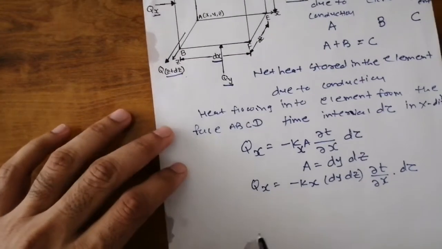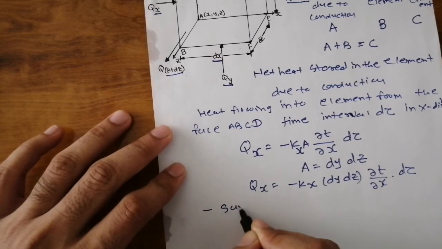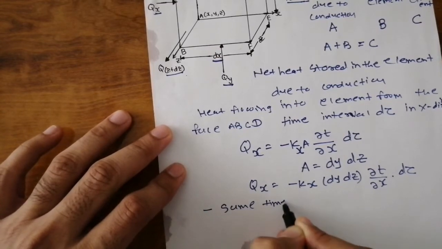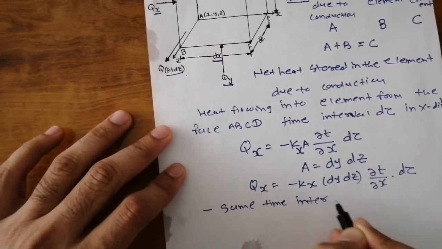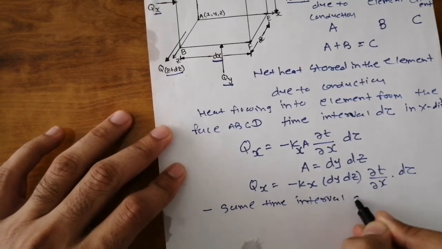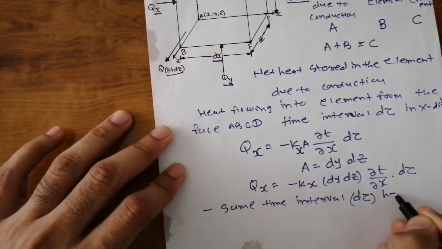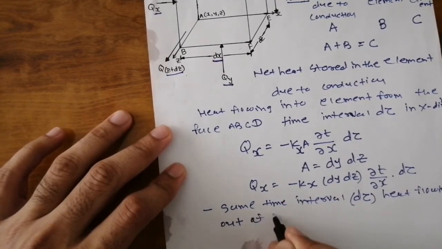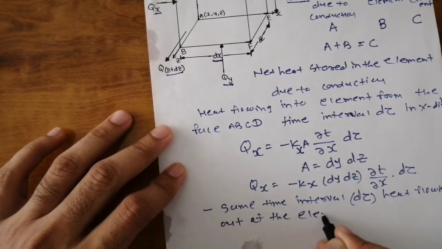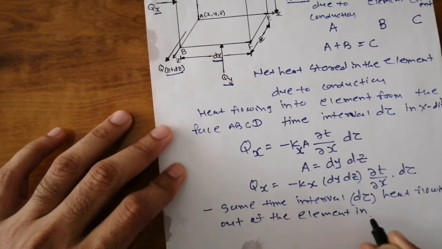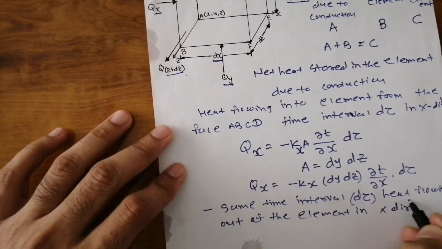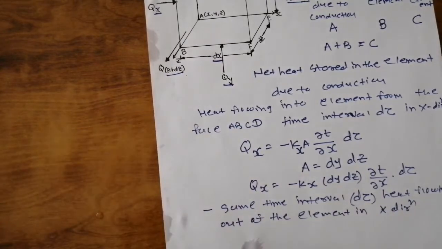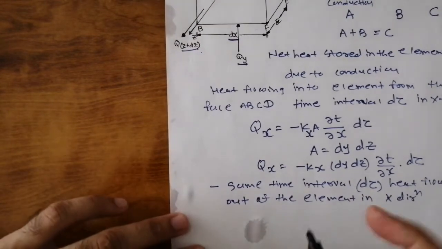So we should write, for the same time interval d tau, heat flowing out of the element in x direction is over.